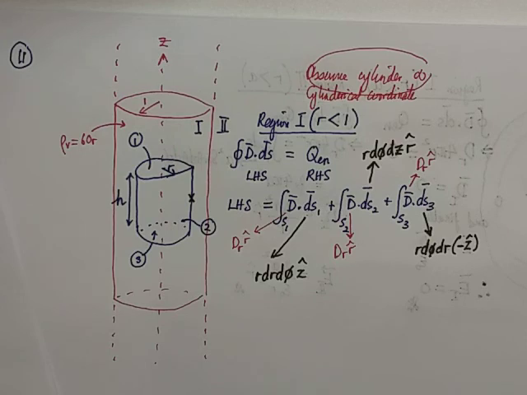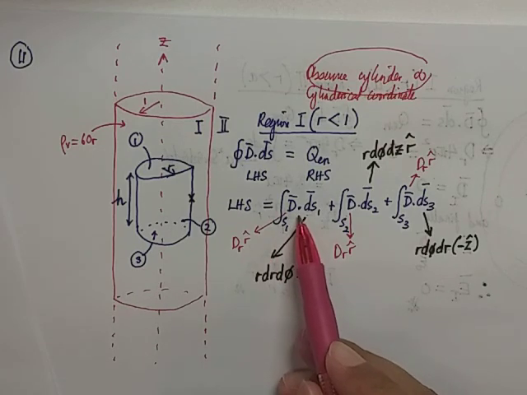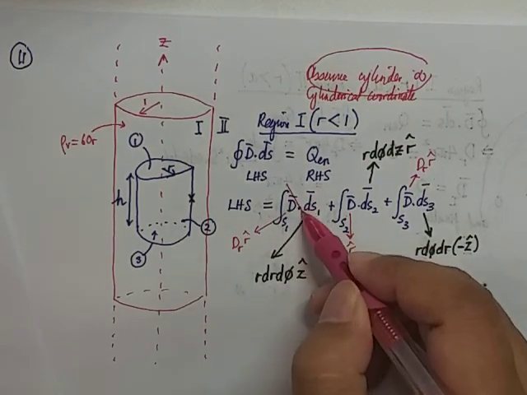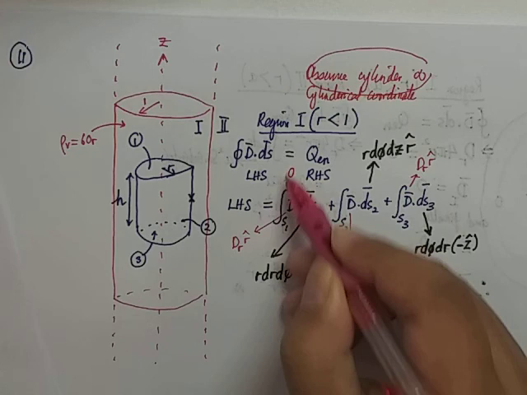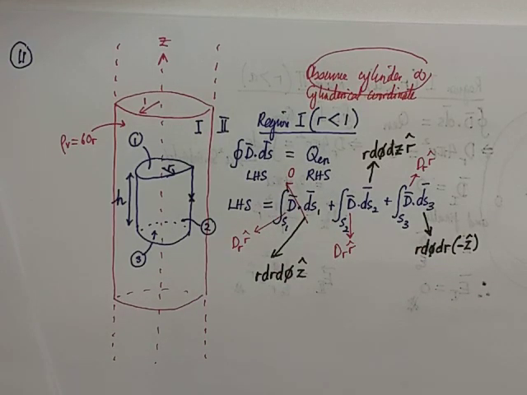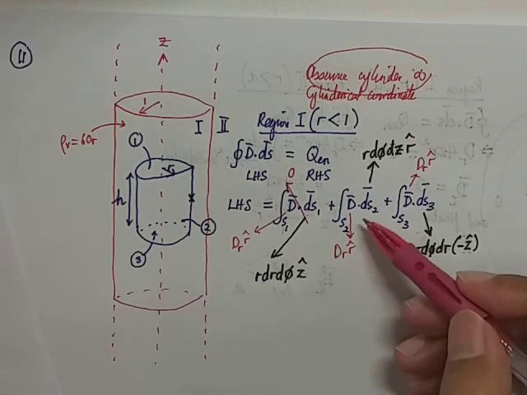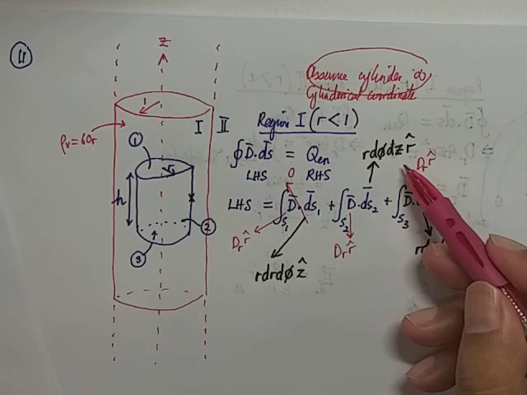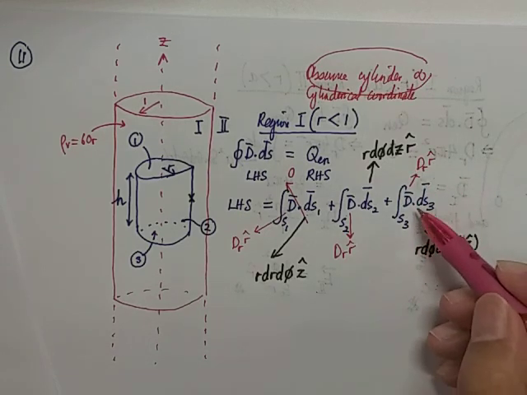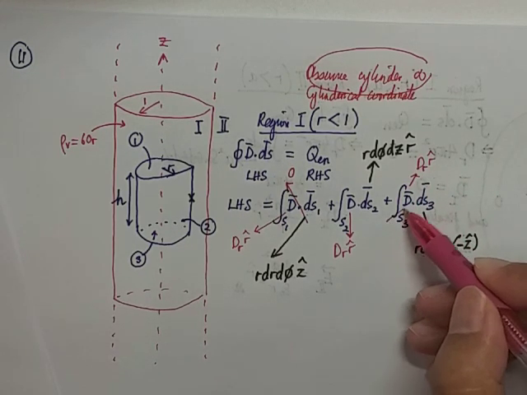Okay, so let's do the mathematics now. R dot Z will give us what? It's a dot product, remember? So this term will end with 0. R dot R will give us, yes, 1. And R dot negative Z will give us 0.